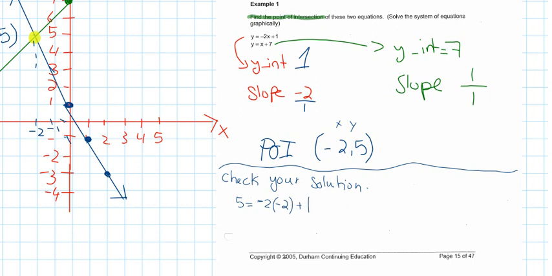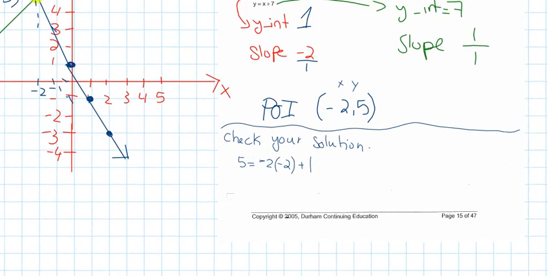So BEDMAS tells me I have to do the multiplication, yes? So -2 times -2 gives me 4. What's 4 plus 1? 5. You see that both sides are equal to 5. Yes? So that means that my left side is equal to the right side. You guys agree with that?